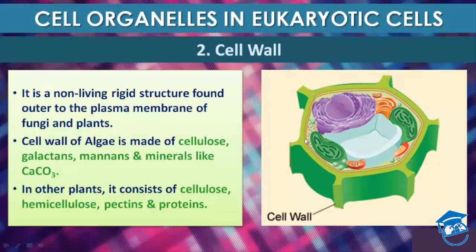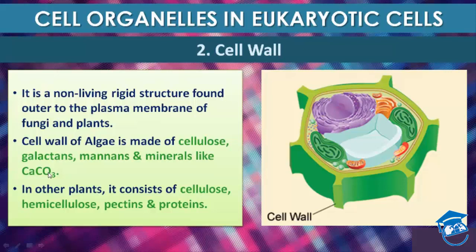This is the plasma membrane, students. So it is a non-living rigid structure found outside the plasma membrane of fungi and plants. The cell wall of algae is made up of cellulose, galactans, mannans and minerals like CaCO3.